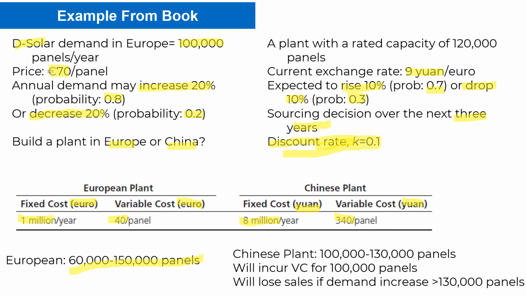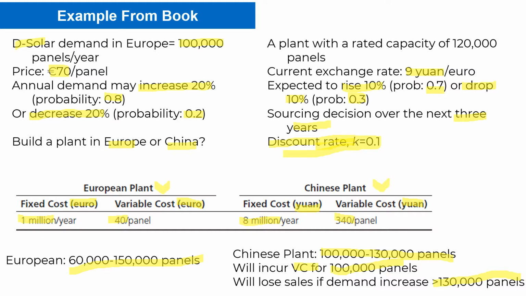China's plant production range is from 100,000 to 130,000 panels, and they will incur variable cost for 100,000 panels, and they will lose sales if the demand increase is above 130,000 panels. So from this, we can see that the European plant seems more expensive, but it has greater flexibility.